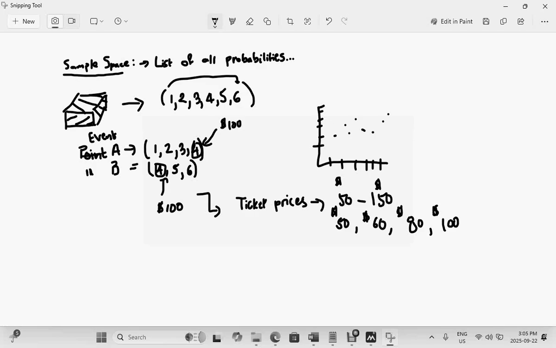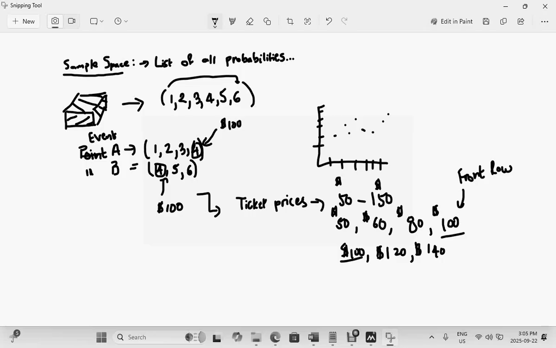Say for example over here, event A will charge you $100 for the front row, assuming that this is your front row for event A, and this is the front row for event B. Over here this is $100, so you start off with 100, and you move forward. Let's say 120, 140, 160, and so on and so forth. Now since this is a repeat, you're not going to list the same ticket price twice.